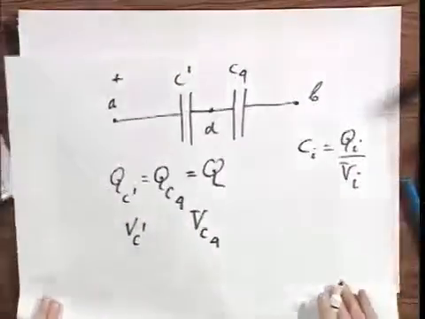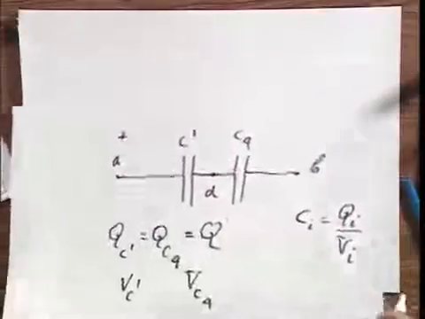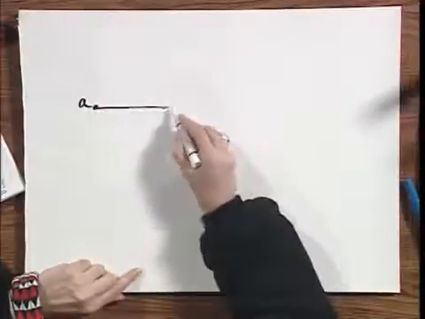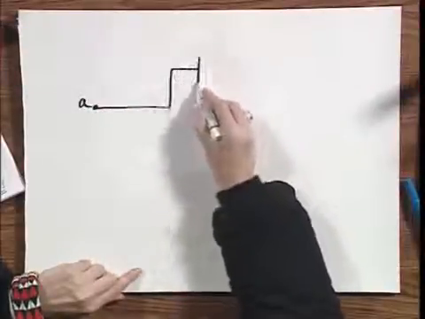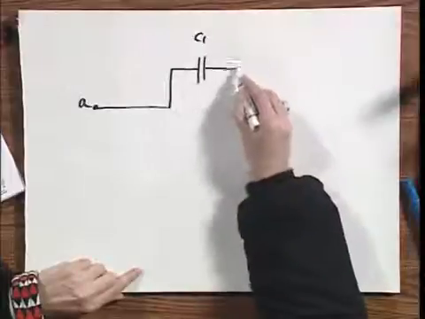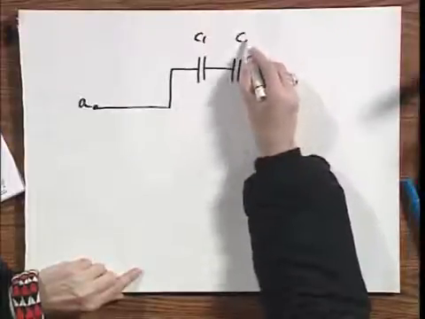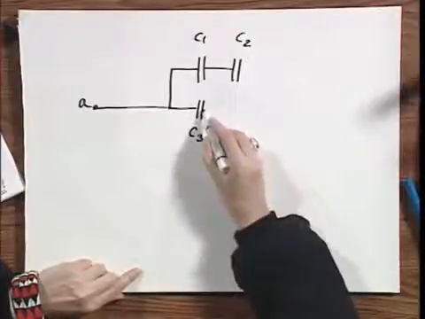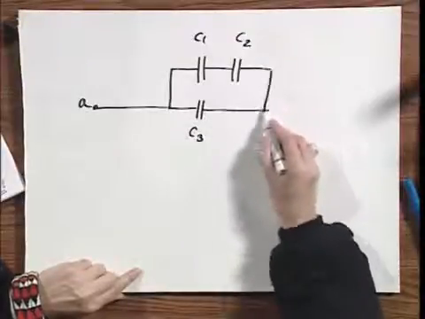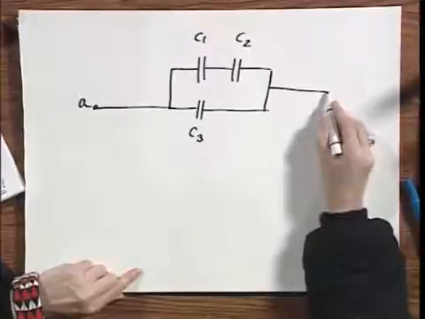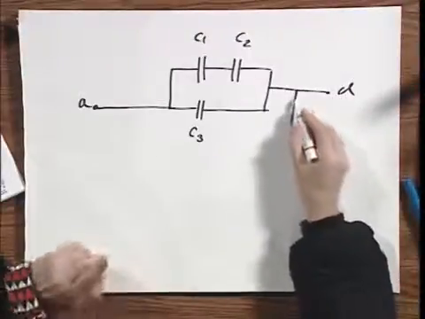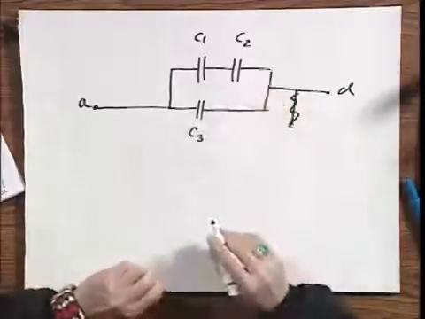Now, let's go back to the original scheme. We have here A, and we have here C1, and we have here C2, and we have here C3. This is point D. Okay, let's leave it as it is now.